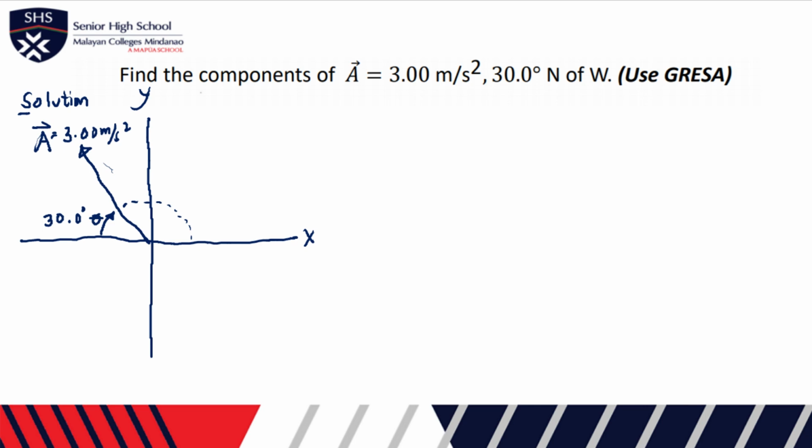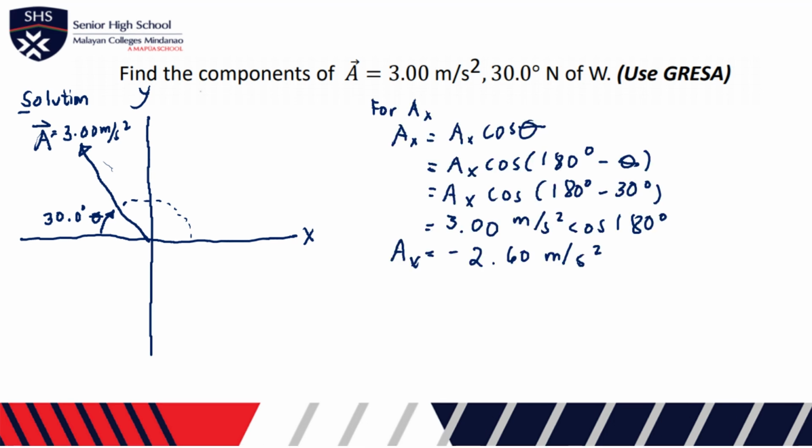Now this time, we need to solve first for the x component of the vector A. To solve that, you need to use the equation that we have written a while ago. So that is A sub x is equal to A cosine theta. Now we know that the angle in this example is 30.